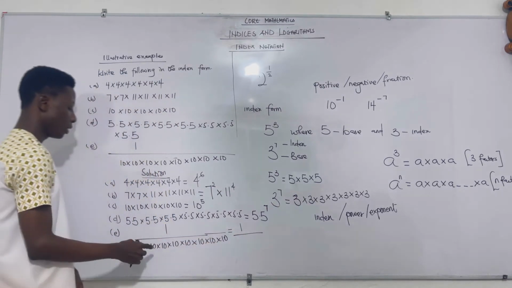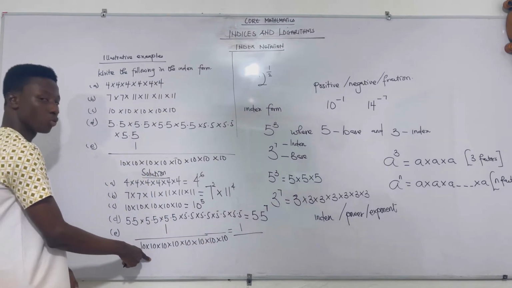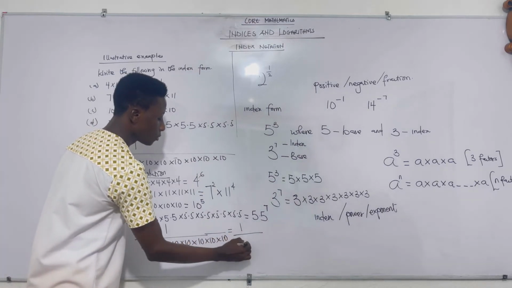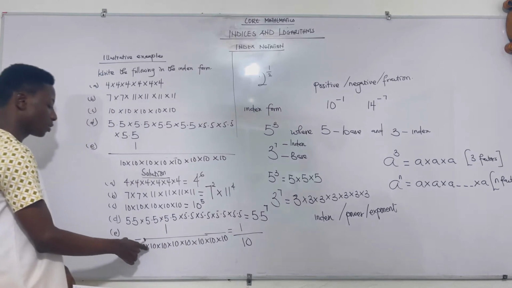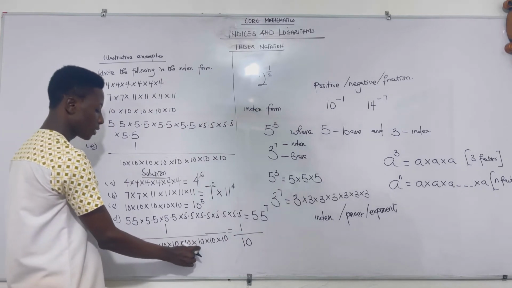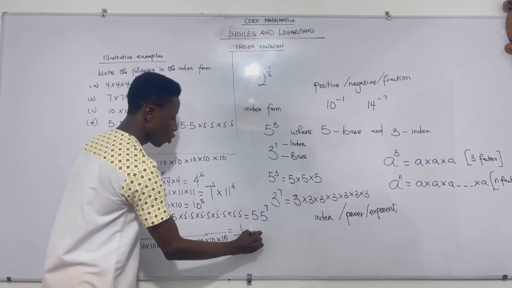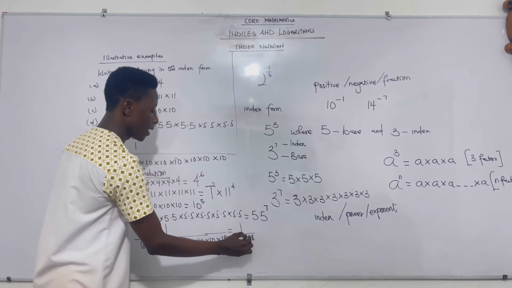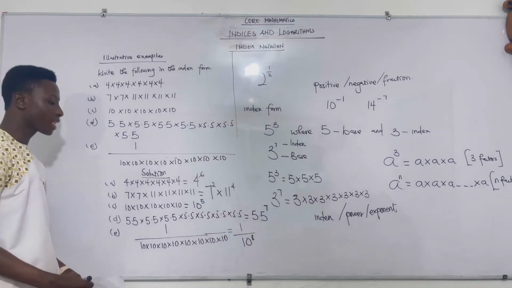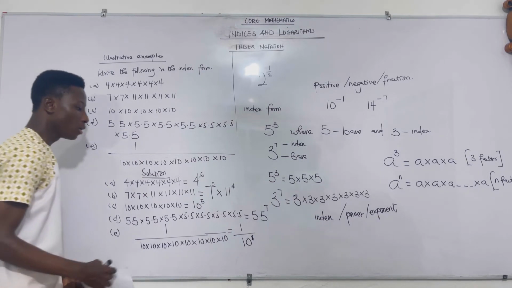And then over here you would have 10. How many times do you see 10 occurring? 2, 4, 6, 8. So 1 over 10 exponent 8.